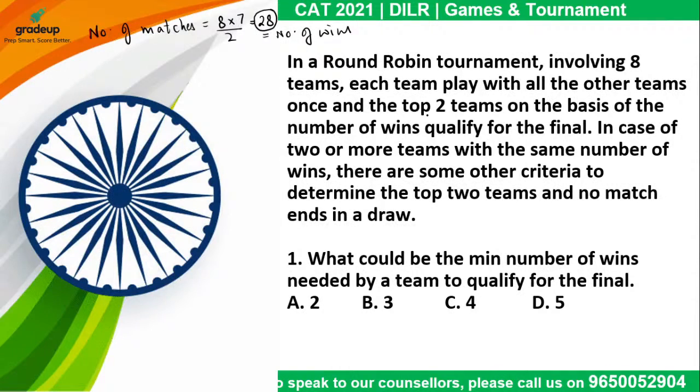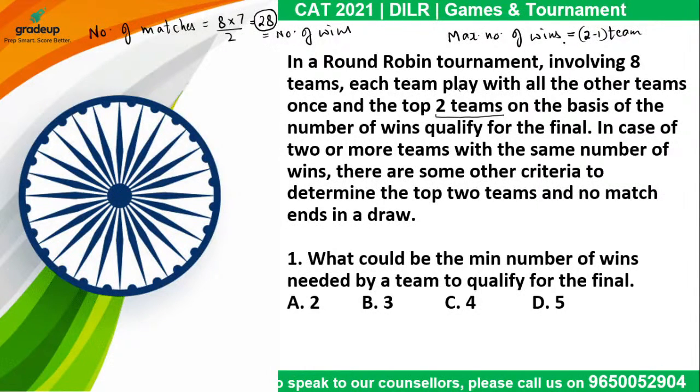If 2 teams are qualifying for the next stage, in this case the finals, we maximize the number of wins of 2 minus 1 teams. If 2 teams qualify, 2 minus 1 which is 1, maximize the wins of one team. If 4 teams are qualifying to the next round, 4 minus 1, 3 teams' wins we maximize.